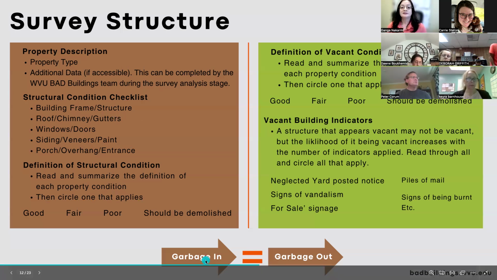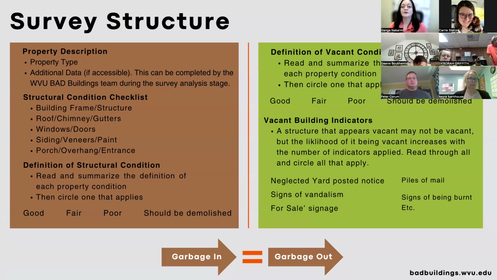Another section is about the vacant lot. In this case also, we categorize them into good, fair, poor, and should be demolished, and how these categories fall in the vacant condition. And the fifth one is about the vacant building indicators.